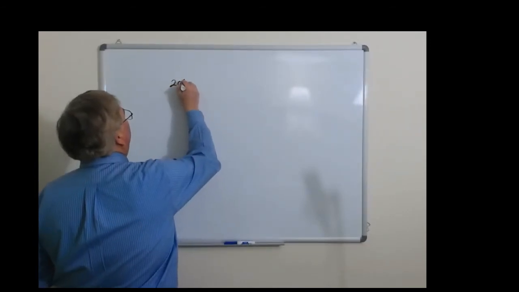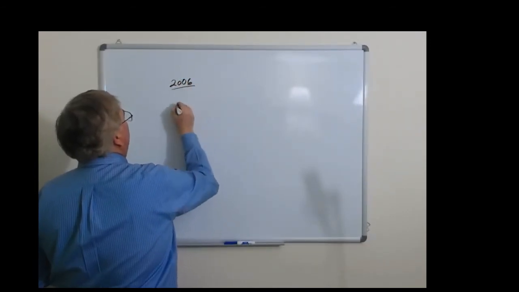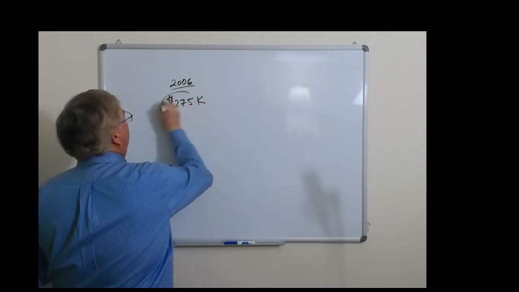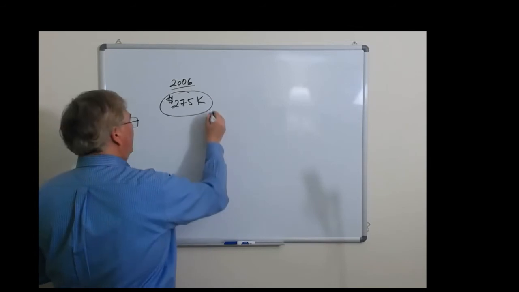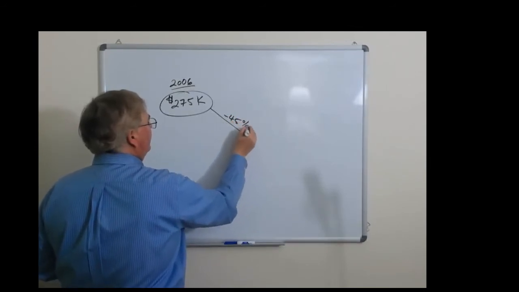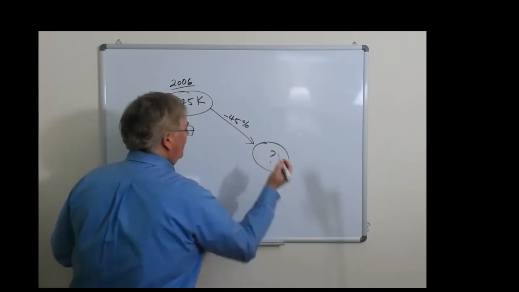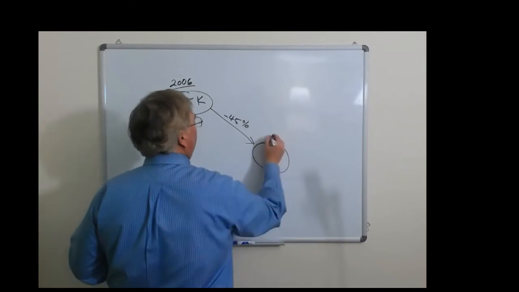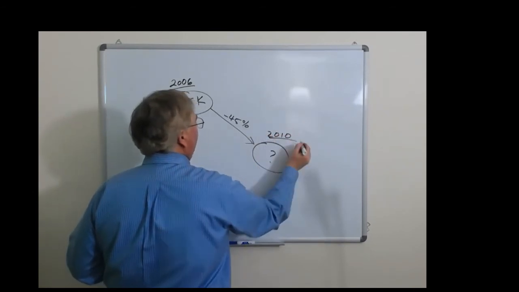So here's 2006. All right, he buys it for $275,000. And the market value declines by 45%, and we want to know what the new market value is in 2010.